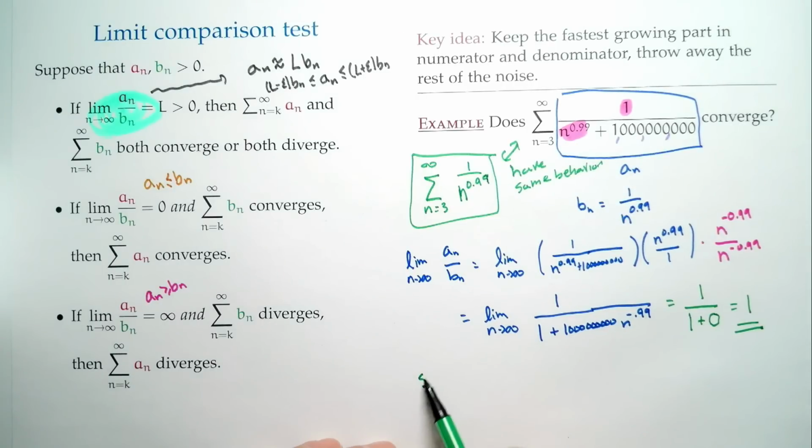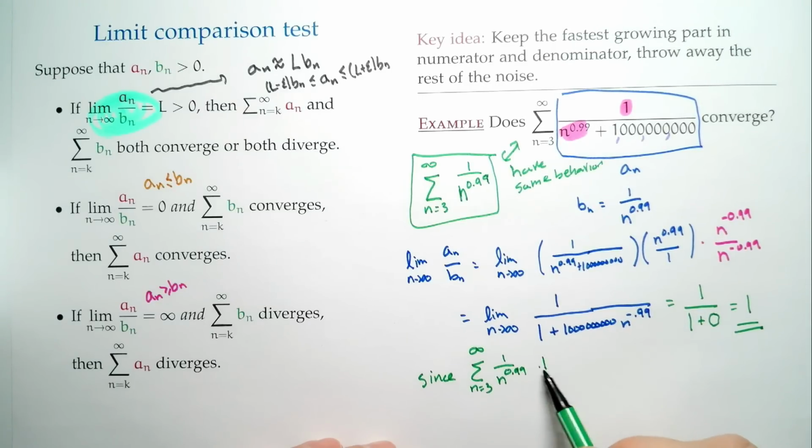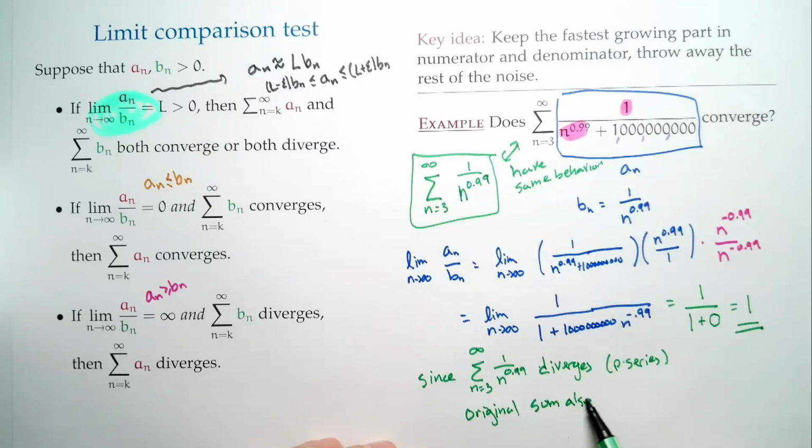So, since this sum is a diverging sum, and the reason it diverges, it's a p-series. See, that's why it's nice to have p-series, because a lot of things get compared to p-series. Original sum also diverges. And by what test? Well, by the limit comparison test. And there we go. All right, good, good.